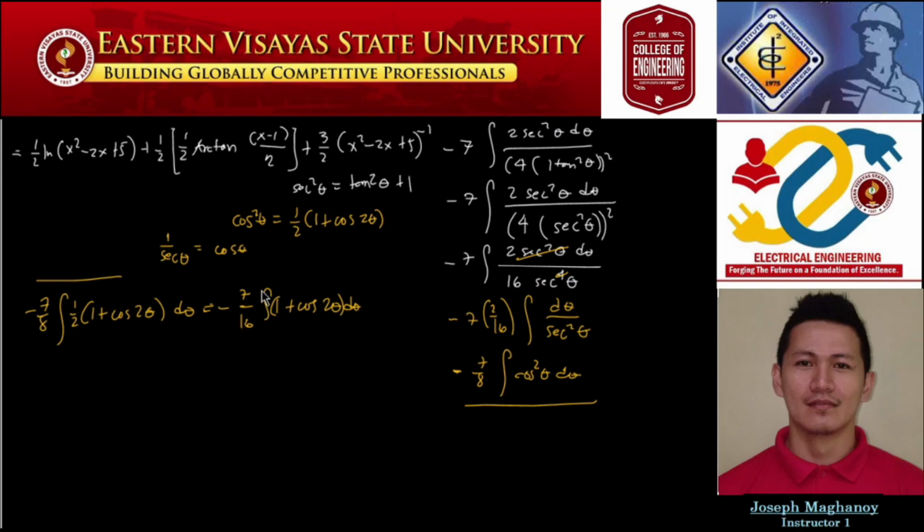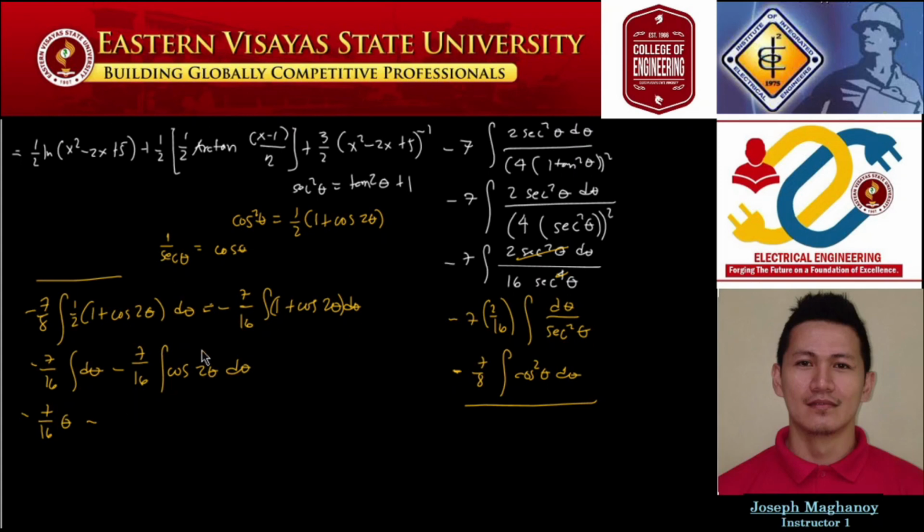So if we distribute, it will become negative 7 over 16 integral of d theta, and negative times positive will be negative, that is negative 7 over 16 integral of cosine 2 theta d theta. So the integral of d theta will become negative 7 over 16 theta.